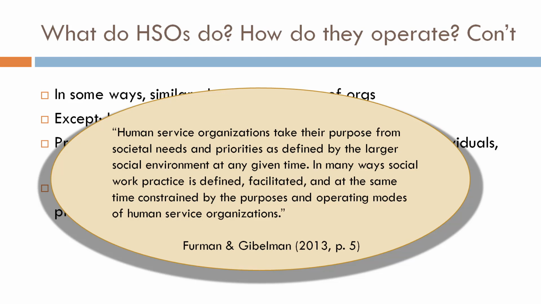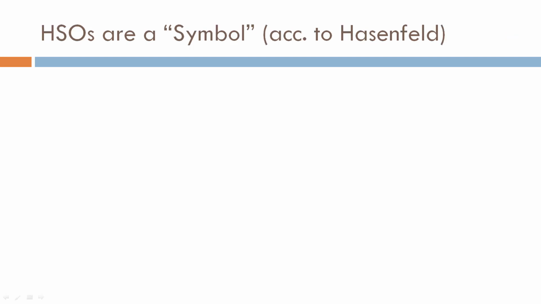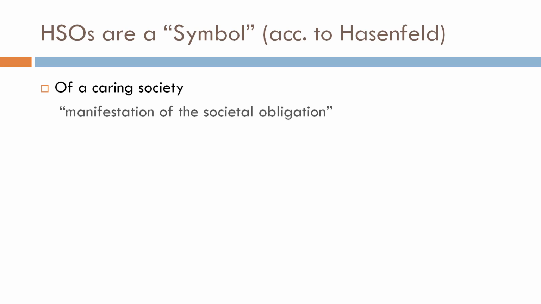And if you recall back to the Hasenfeld reading that I made some videos for as well, he also talks about how human service organizations are constrained by the institutional environment that surrounds them. And in fact, according to Hasenfeld, HSOs are a symbol of a caring society. So they are the manifestation of the social obligation to the welfare and well-being of its members.